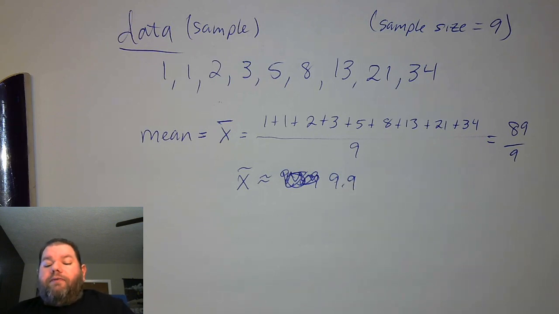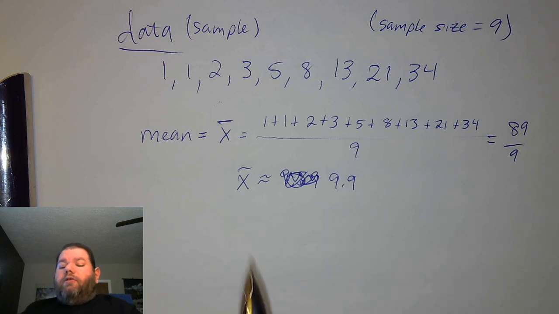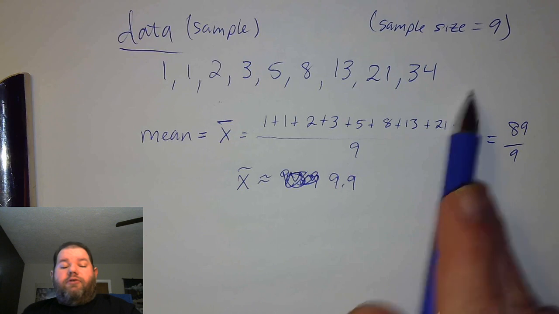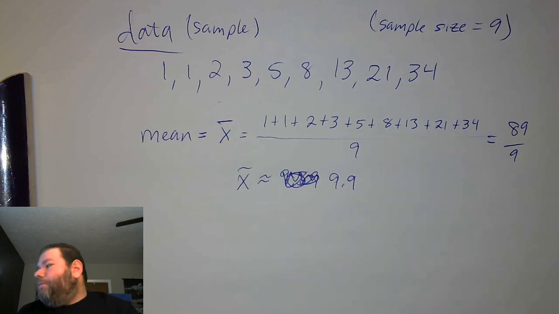So for whole numbers, we round to the nearest tenth. If we're looking at money amounts, which are to 2 decimal places, to the nearest penny, then we would round our mean calculations to the 3rd decimal place, one place further. So we always go one place further in our approximations than the data is given as. So for any calculations we do with these, we'll just go to one decimal place.